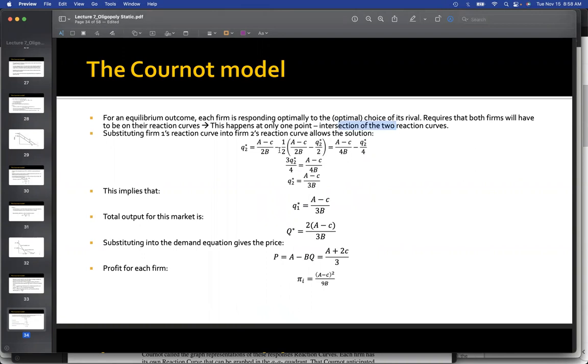So to get that, you would simply just put one reaction function into the other, and then you will get this one. A minus C over 3B. So gut check muna tayo. Is this less than or equal to monopoly output?